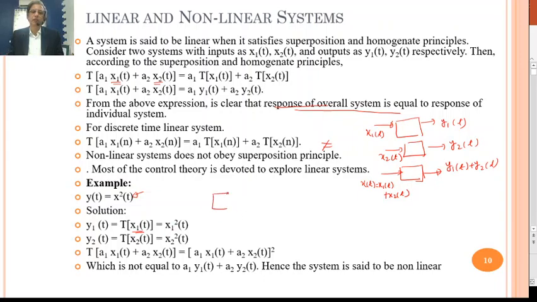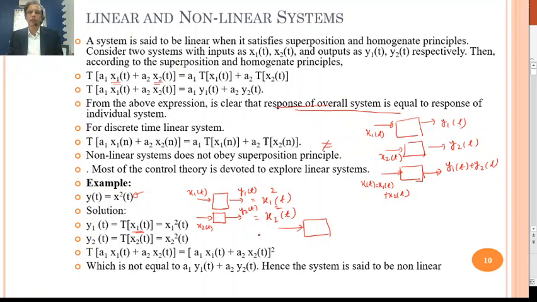For the first input x1(t), the response is y1(t), and that response is x1 squared(t). Now take the second input x2(t) and find the response of this system, and that equals x2 squared(t).